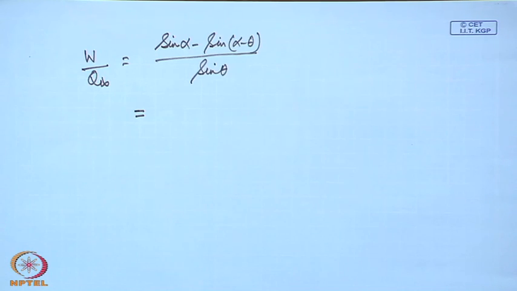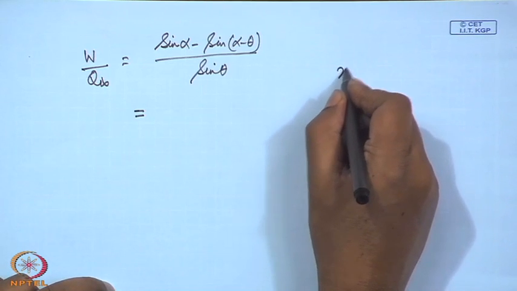Theta is the coordinate varying over the flat plate from 0 to 2 pi. Instead we want to use x or x by c. How are x and theta related?